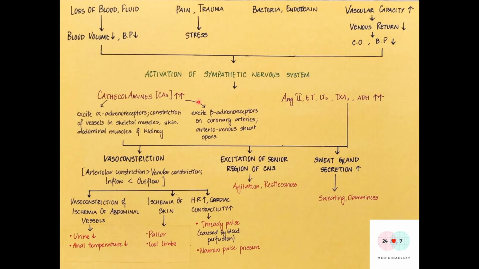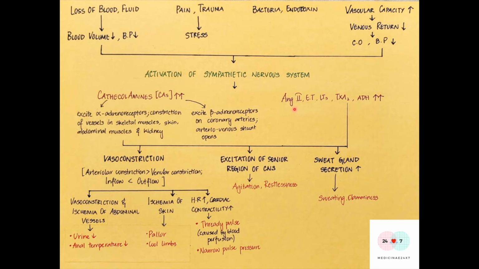The catecholamines bind to two types of receptors present in different organs: alpha adrenoreceptors and beta adrenoreceptors. Alpha adrenoreceptors are present in skeletal muscles, skin, abdominal muscles, and kidney, whereas beta adrenoreceptors are present in coronary arteries and arteriovenous shunts. The function of both the alpha and beta adrenoreceptors is to cause vasoconstriction.